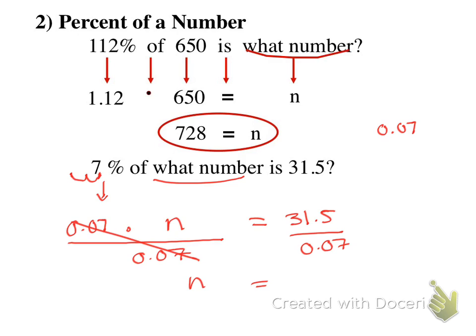You could get rid of all decimals. I've got to move the decimal twice here. I've got to move the decimal once here. If I want to move it, I go to the greatest amount, 2 decimals. I could multiply the top and bottom by 100, right?